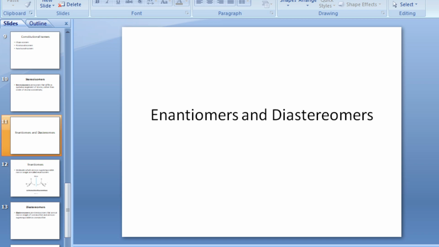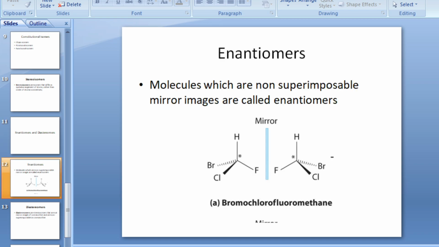Enantiomers and diastereomers. Enantiomers are molecules which are non-superimposable mirror images having similar connectivity. The connectivity remains the same, but the spatial arrangement of atoms simply differs. So have a look at these enantiomers. Here a substituted methane is taken with 4 different groups: bromine, chlorine, fluorine and hydrogen.